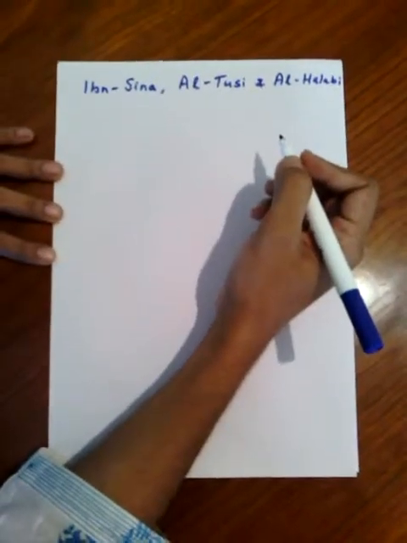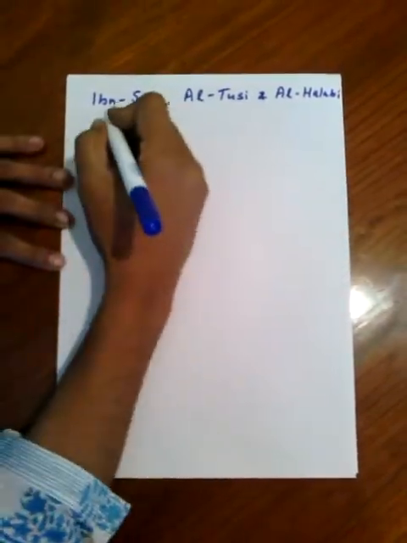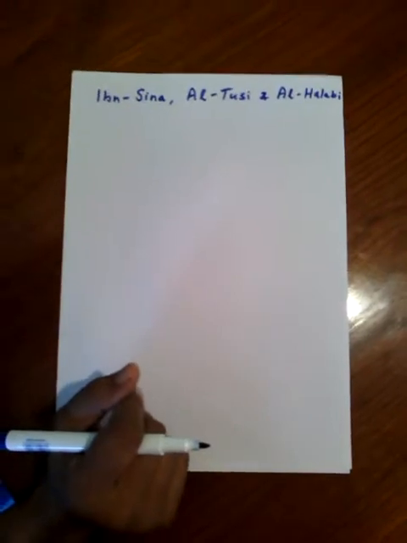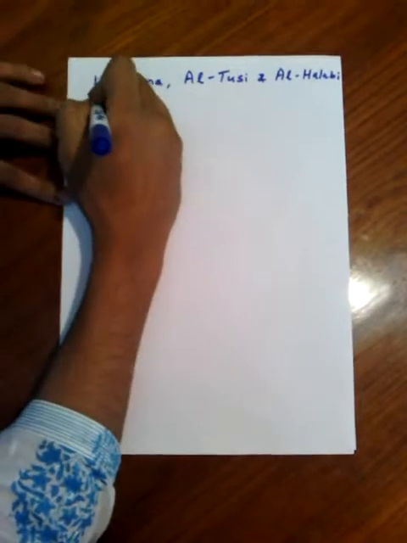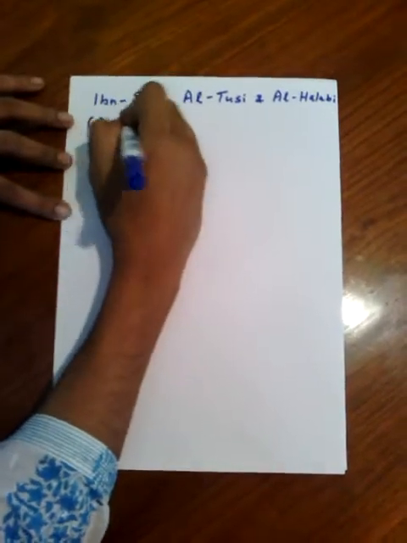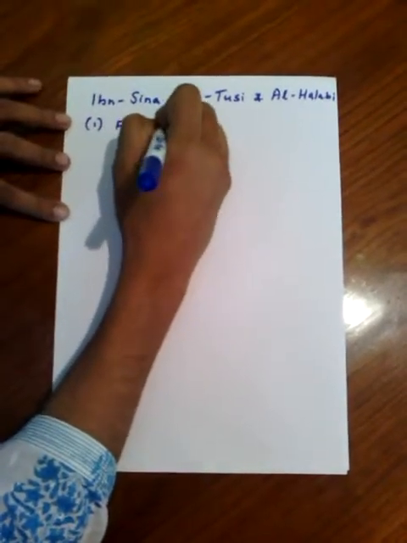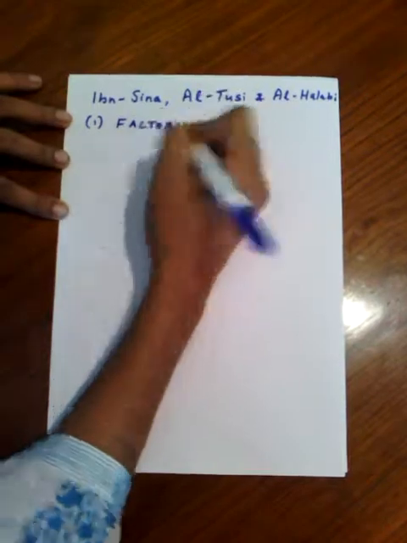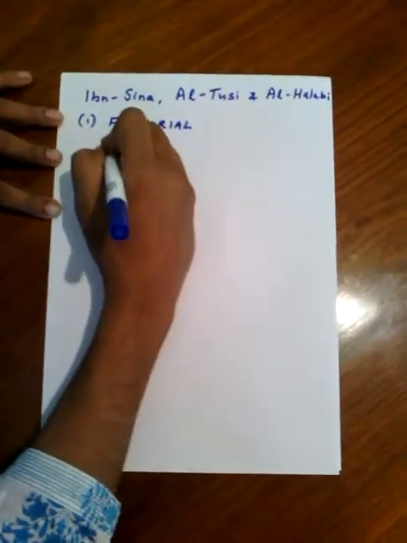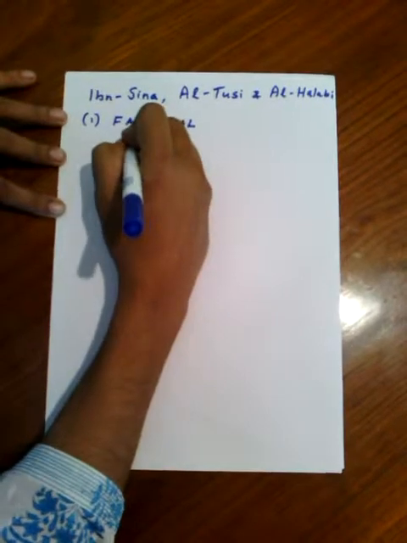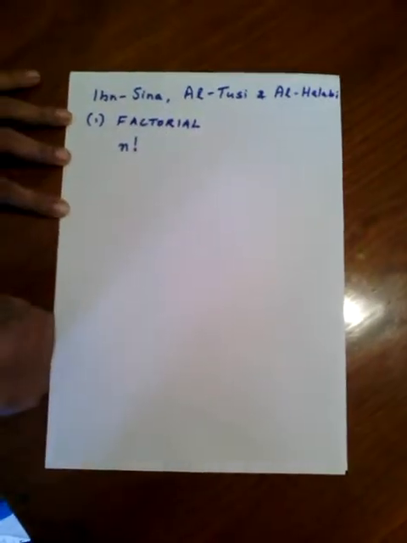One has to familiarize oneself with a couple of mathematical concepts in order to unpack some of the mathematics in Roshni Rashid's paper. The first idea is that of a factorial, and that's written as n with an exclamation mark, n!.